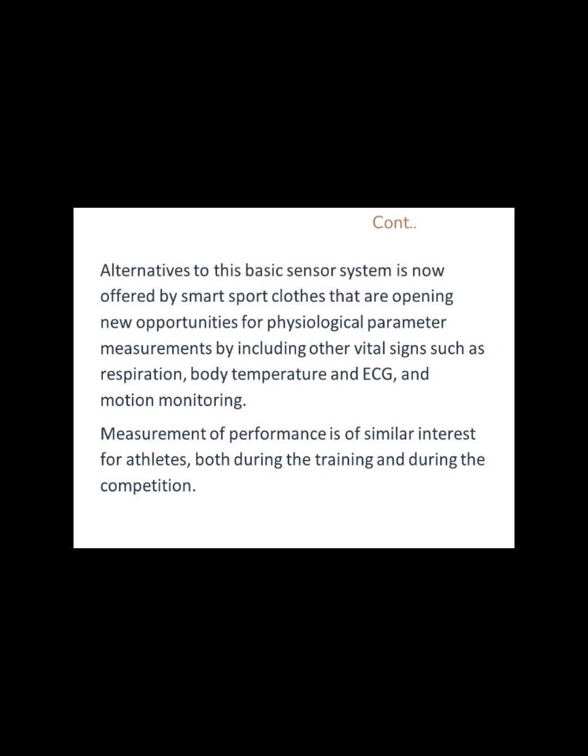Alternative to this, a basic sensor system is now offered by smart sports clothes that are opening a new opportunity for physiological parameter measurements by including other vital signs such as respiration, body temperature, ECG, and motion monitoring. Measurement of performance is of similar interest for athletes, both during training and competition.